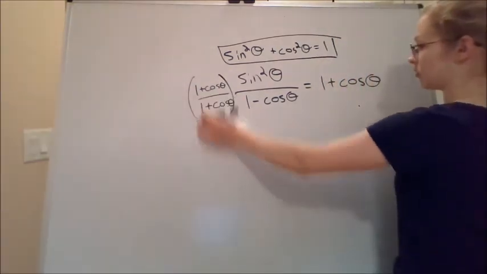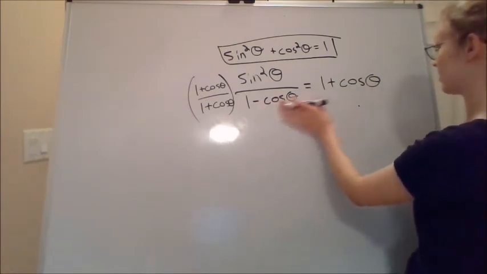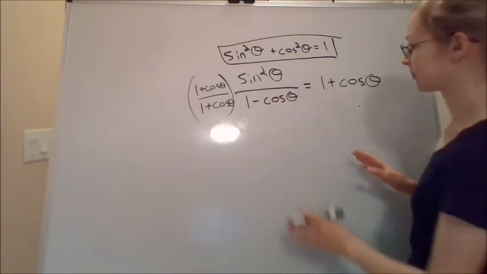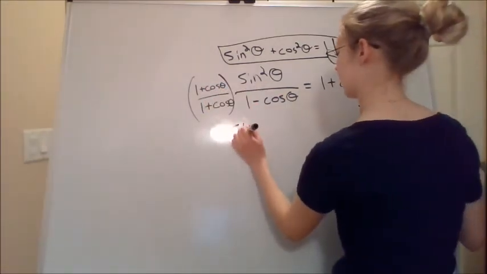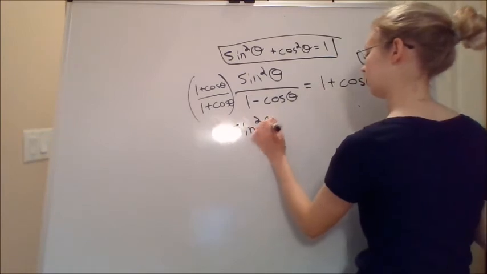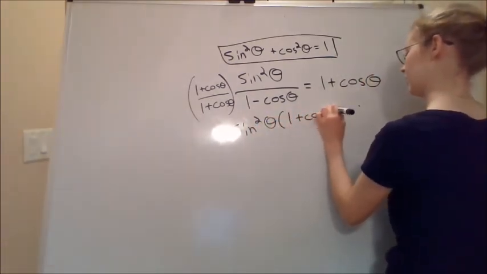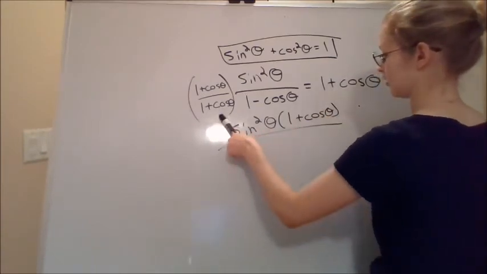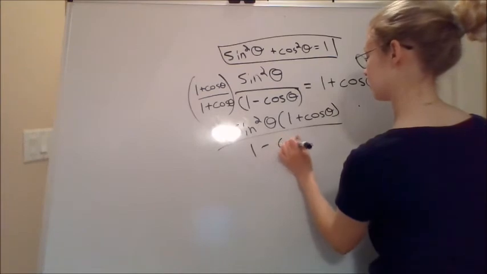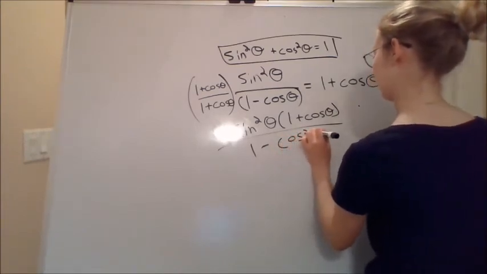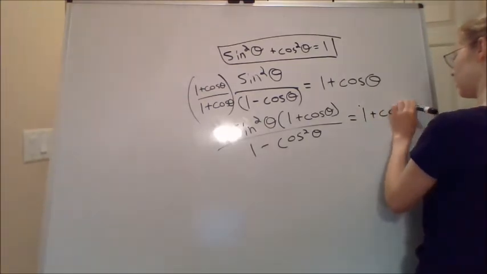So this is going to be equal to 1. And I should have said at the start, we are trying to prove that this side is equal to this side. So if we multiply this out, we're going to get sine squared of theta times the quantity 1 plus cosine of theta divided by, and we're going to FOIL this one out here, 1 minus cosine squared of theta, and that's all going to be equal to 1 plus cosine of theta.